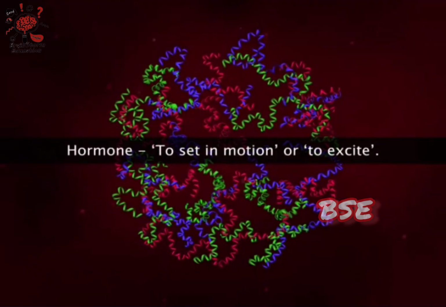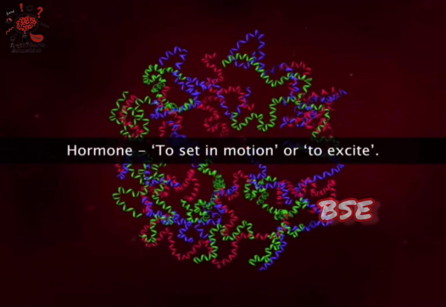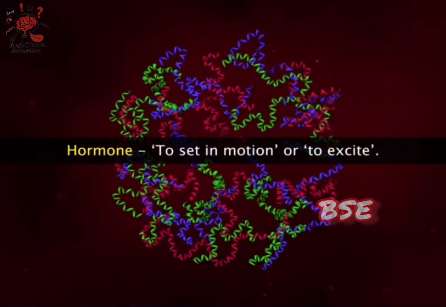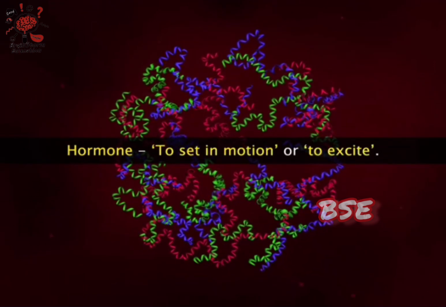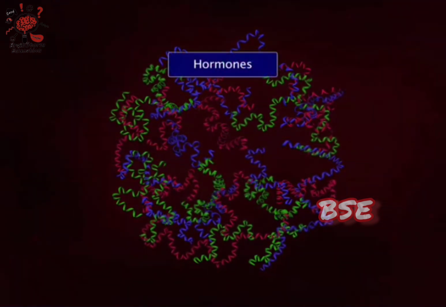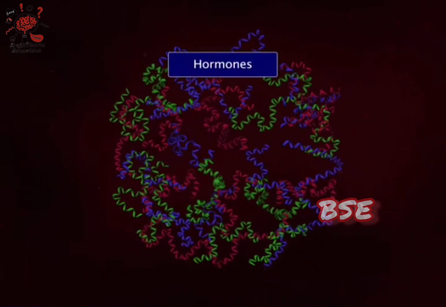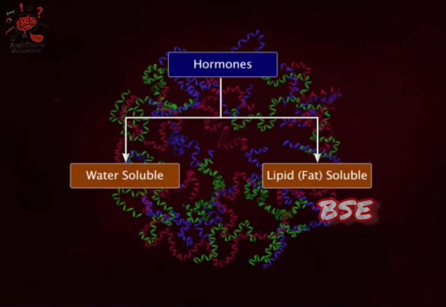The term hormone originated from the Greek word hormon, which means to set in motion or to excite. Most hormones are biomolecules that are either soluble in water or lipids.